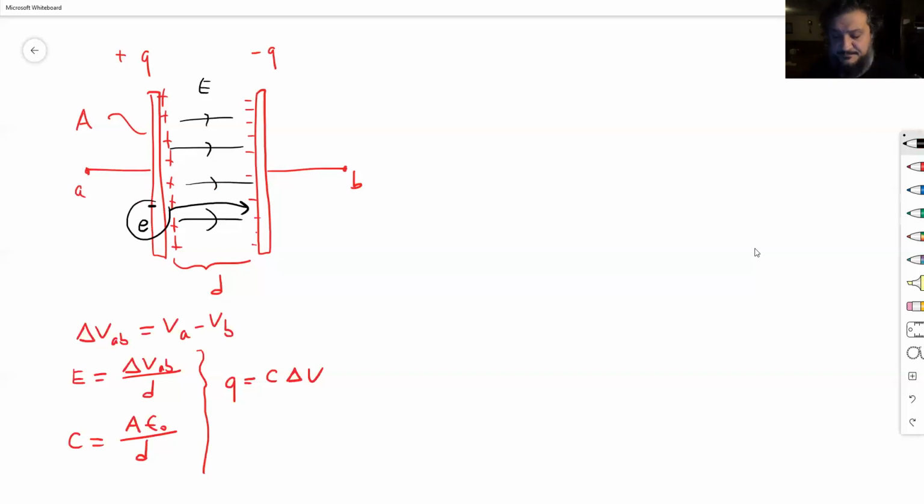So here's the deal. This charge here, Q is equal to C times delta V, all right? Now C has to do with the dimensions, right? C doesn't change with charge or anything. Delta V, on the other hand, yes, it changes, right? Delta V depends on the electric field. If you add more charge, the electric field will go up, and then the potential will increase as well.